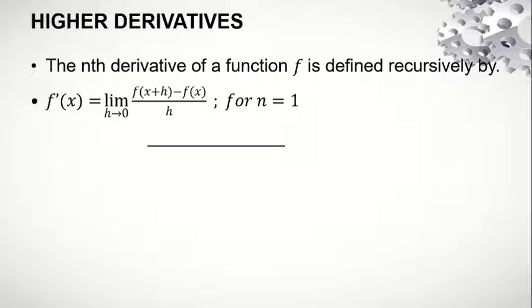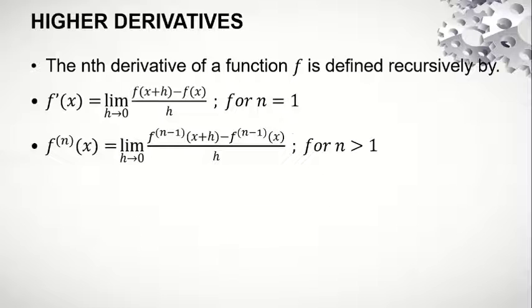I have already discussed this: this is the long method of finding the derivative of a function for n equal to 1. If n is greater than 1, this is what you will use, where n represents the level of derivative function. Okay, this is the expression of how you find the higher derivative of a function.